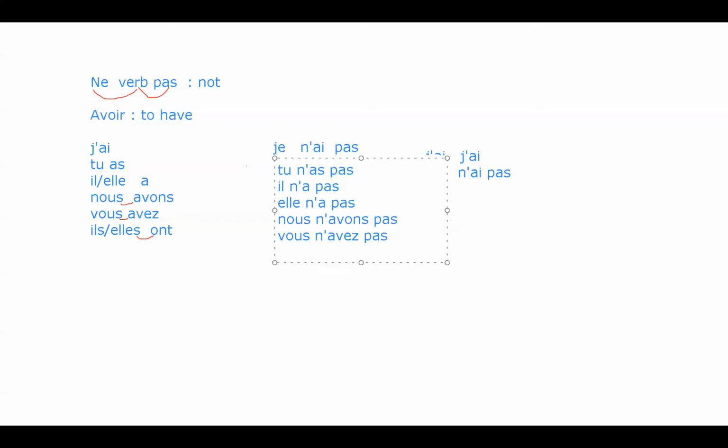Formal or plural, you don't have. In the case of ils or elles, like they, the same pattern will apply: n and an apostrophe and ont come. Then pas, ils n'ont pas, elles n'ont pas, right? So from the beginning, je n'ai pas, tu n'as pas, il n'a pas, elle n'a pas, nous n'avons pas, vous n'avez pas, ils n'ont pas, elles n'ont pas.